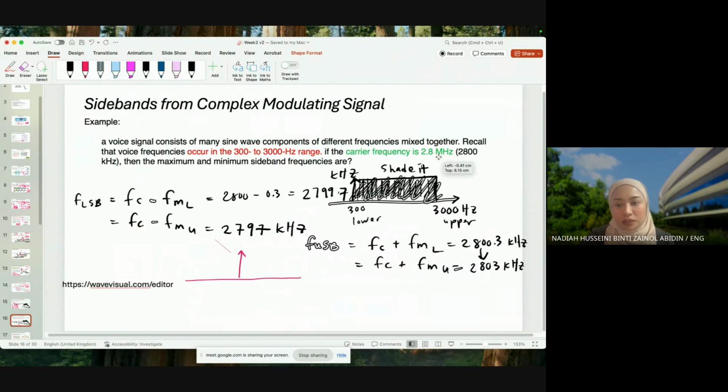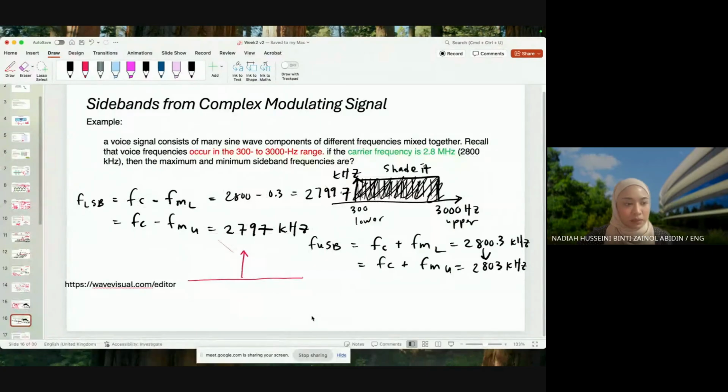Again, any questions, feel free to ask me. Is your internet okay? It keeps cutting in and out. Okay, so this is how you draw it.